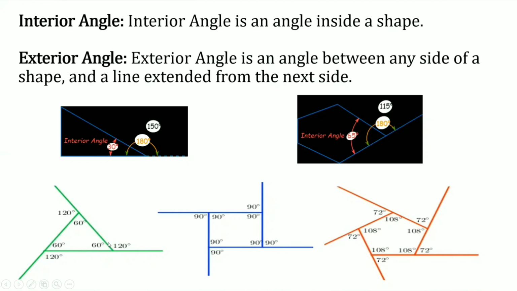In the same way, for this 60 degree, the exterior angle is this side. And for this 60 degree, the exterior angle is this side. In the same way, this one is the example for a square or a rectangle diagram. And here, this one is for a pentagon. So this is about interior angle and exterior angle.